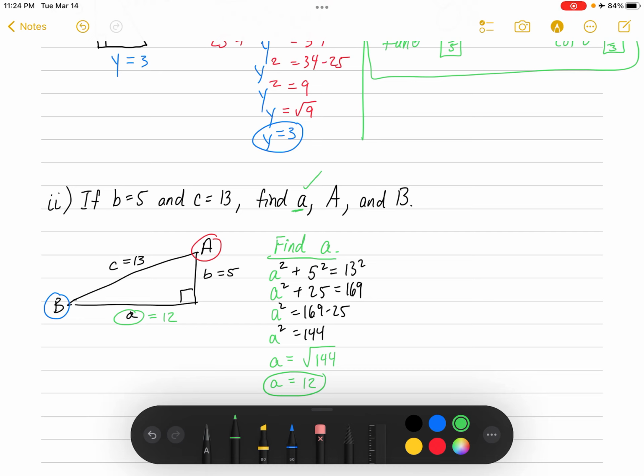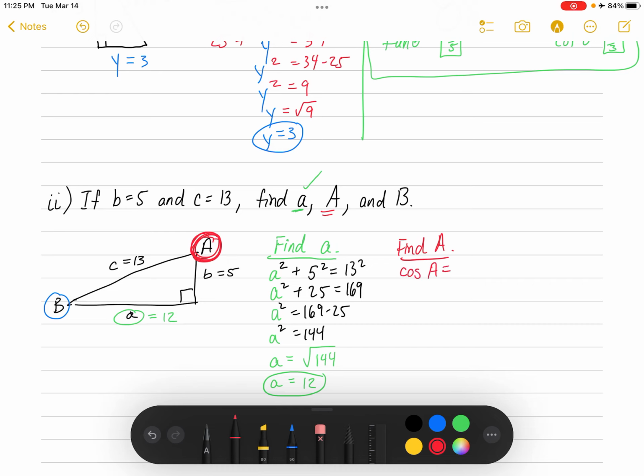Let's find capital A. Capital A, that's an angle right here. So there are many ways you could find capital A. If this is my reference angle here, capital A, I'm going to use the adjacent over the hypotenuse, which is the sine function. Sorry, the cosine, right? The cosine is the adjacent over the hypotenuse.